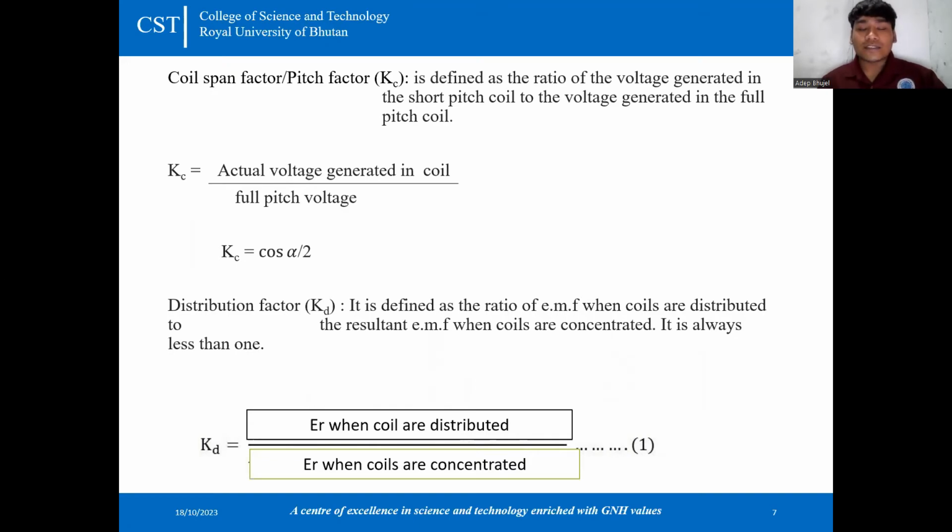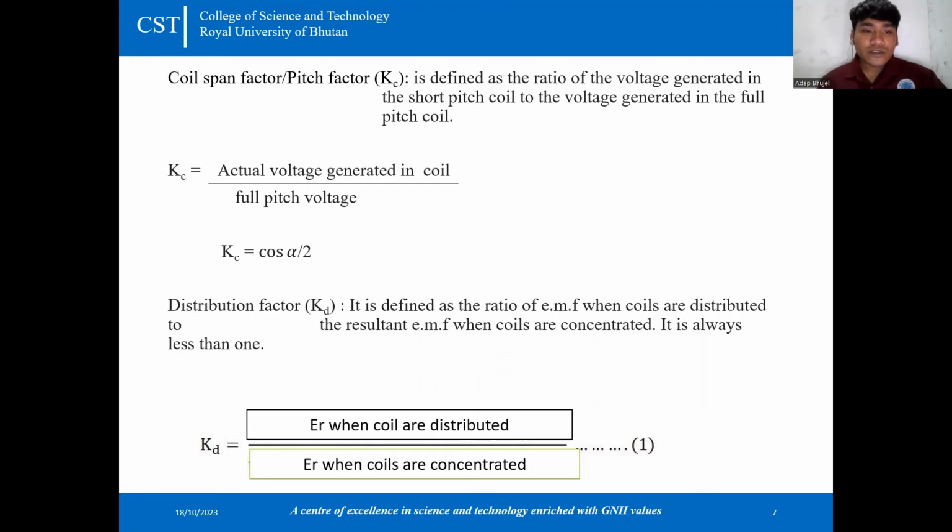It is defined as the ratio of the voltage generated in the short pitch coil to the voltage generated in full pitch coil. So Kc is equal to actual voltage generated in short pitch coil divided by actual voltage generated in full pitch coil. After simplification, we get the formula Kc is equal to cos alpha divided by 2.